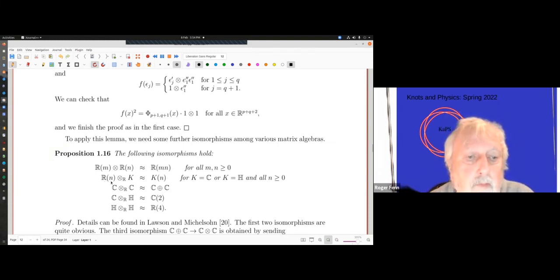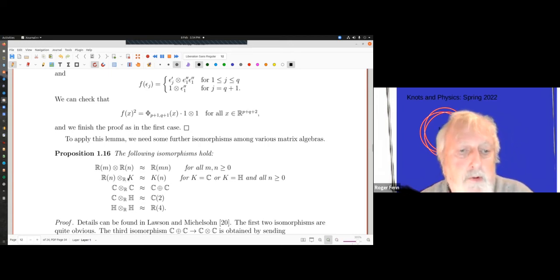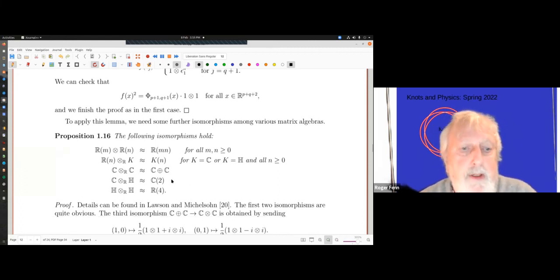And R(n) tensor over the reals with K, where K is C or the quaternions, has K entries in the n by n matrix. So those first two are, well, he says they're quite obvious. I wouldn't say they're quite obvious, but they're not too difficult to prove.